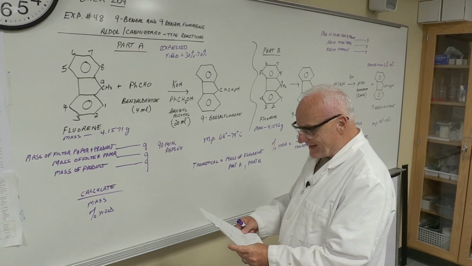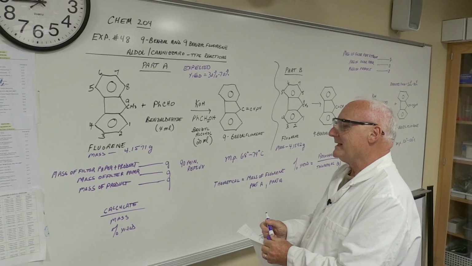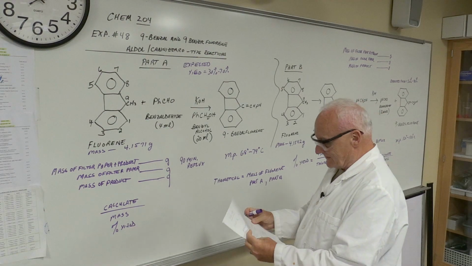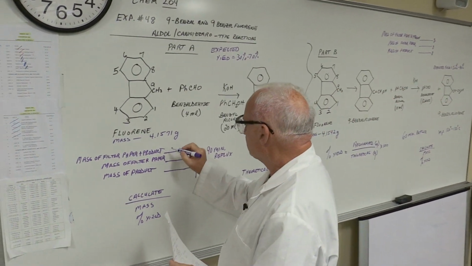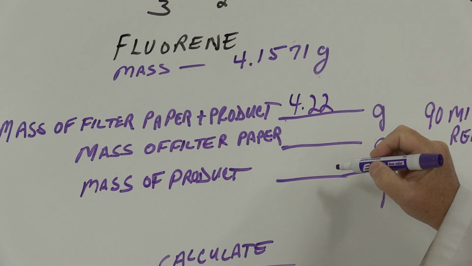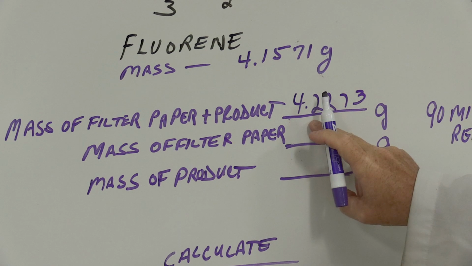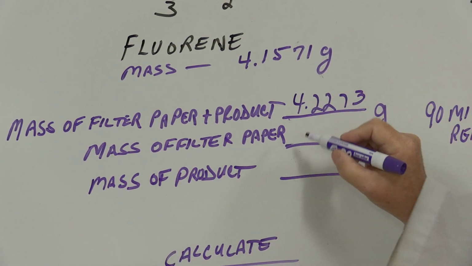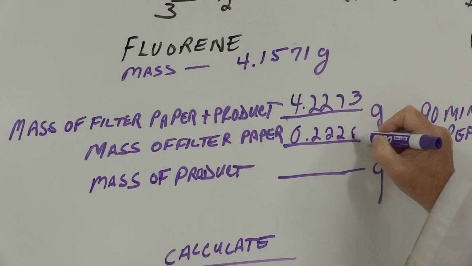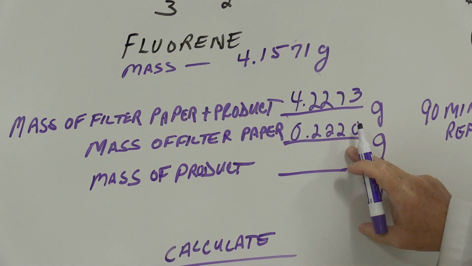Okay, after subtracting the mass of the filter paper and the product from the mass of the watch glass, we have a weight. And now we have to deduct the weight of the filter paper. And you can provide the mass of the product.